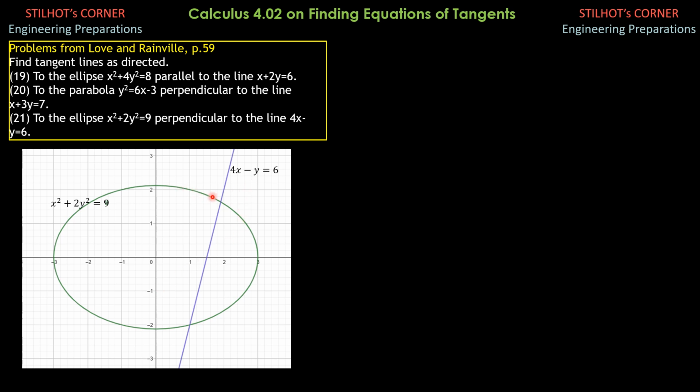So there are two tangents again, one on this portion, the other on this portion. x sub t is positive and we have x sub t which is negative, y sub t is positive and we have y sub t here negative. If x sub t is positive, y sub t is also positive. If x sub t is negative, y sub t is also negative. So these are the possible tangents. We begin by differentiating the equation of the ellipse.